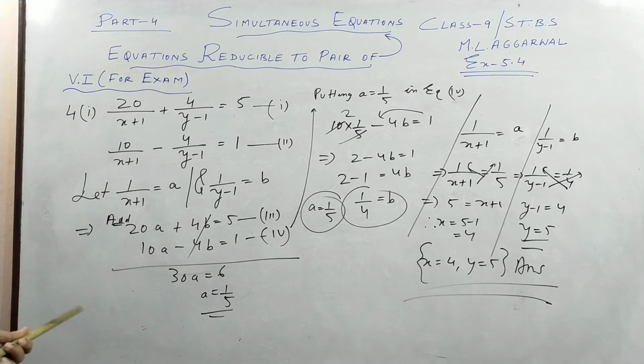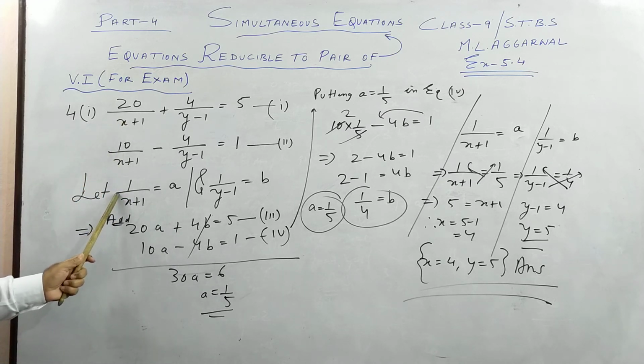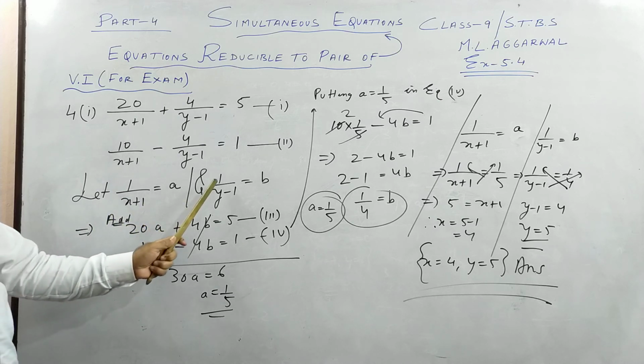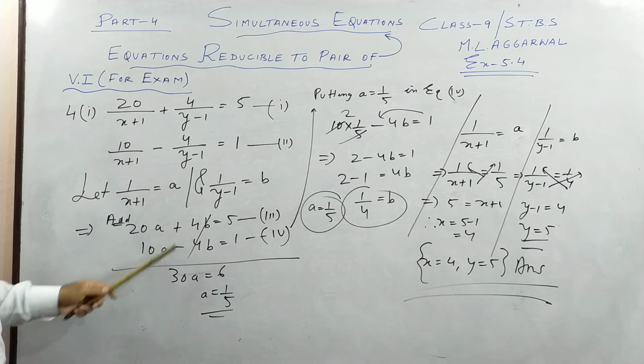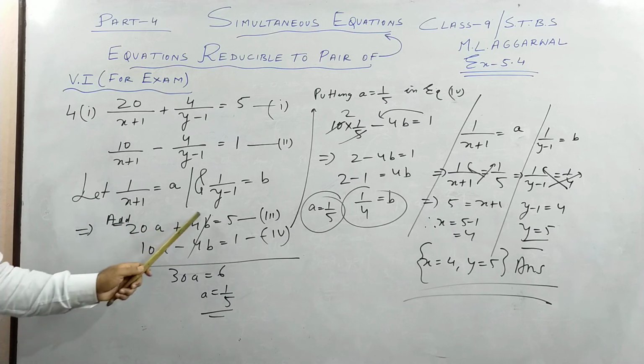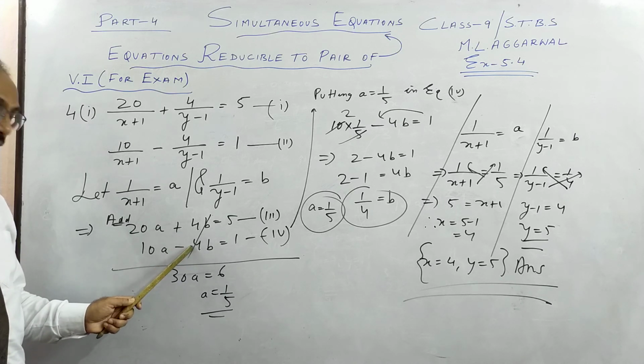So once more, see here. I assume 1 by x plus 1 is A and 1 by y minus 1 is B. We substitute and we get simple linear equations. These are already equal, so I simply add. I eliminate one variable by making the coefficients equal.